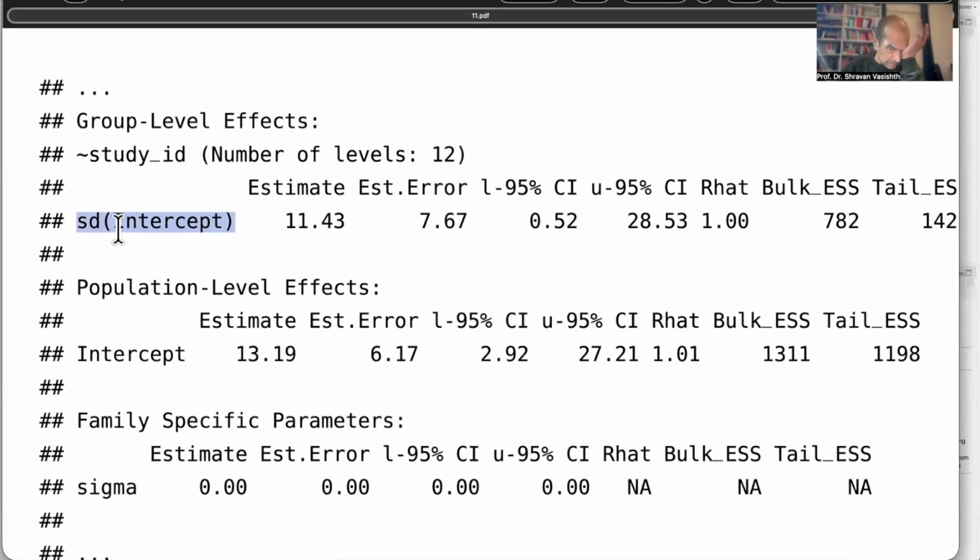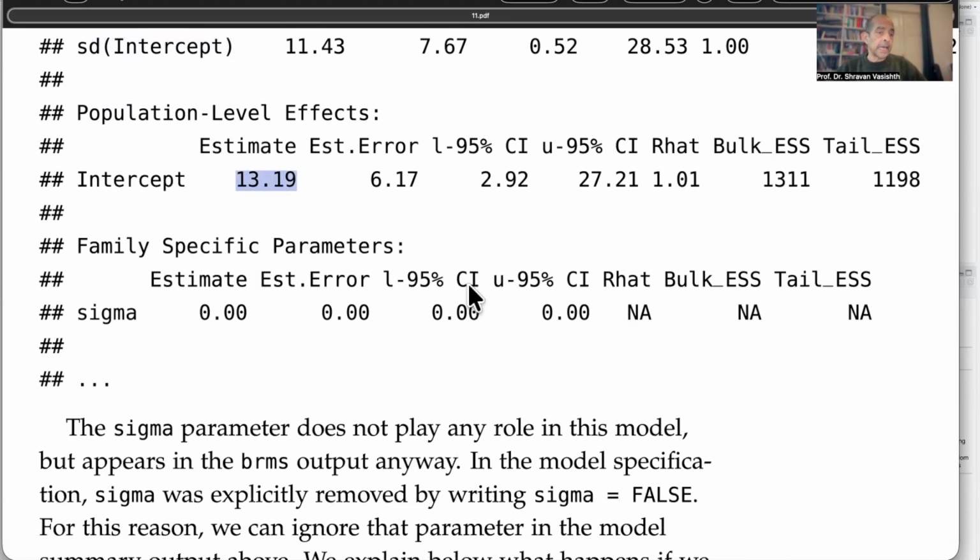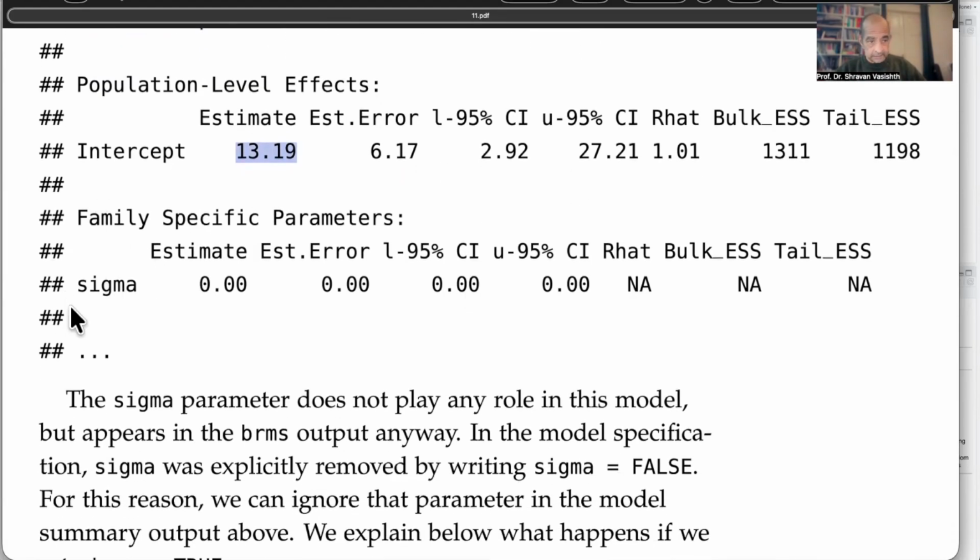And so this is the tau estimate with a 95% credible interval. This is the population level effect estimate, that is the zeta posterior mean with a 95% credible interval. And sigma will always turn up in this kind of hierarchical model because of the way that BRMS is written.